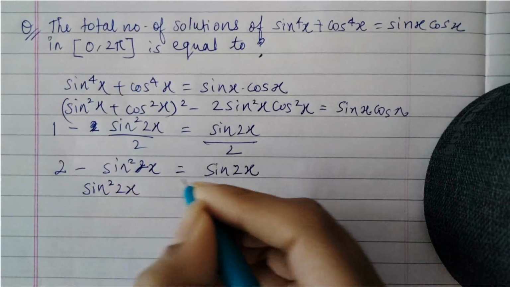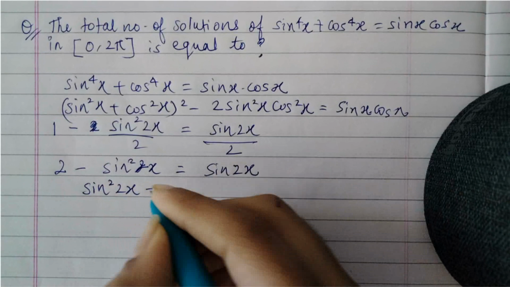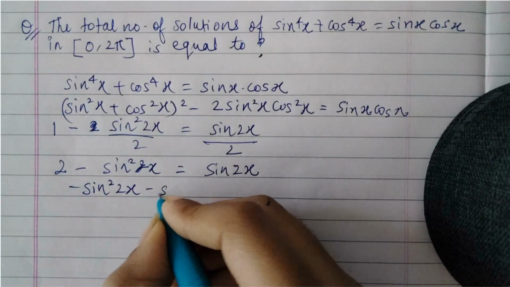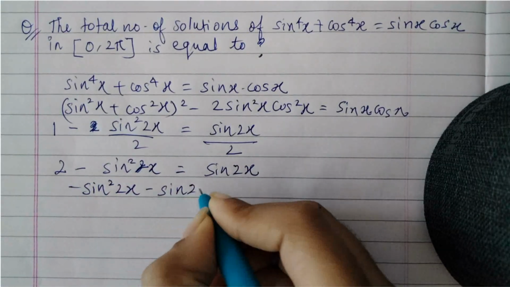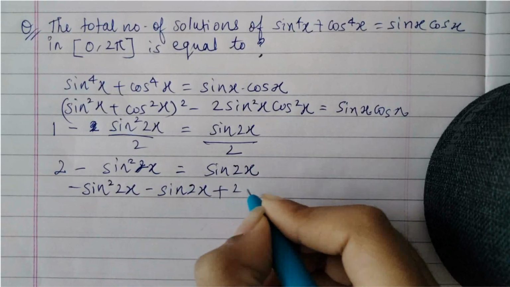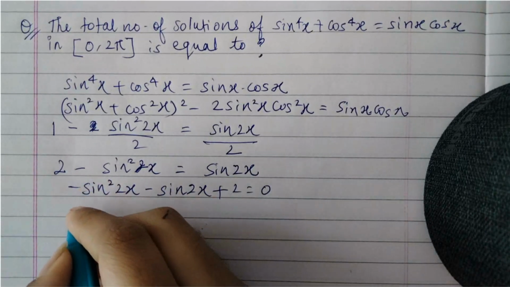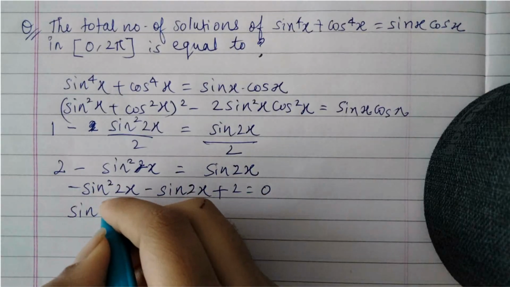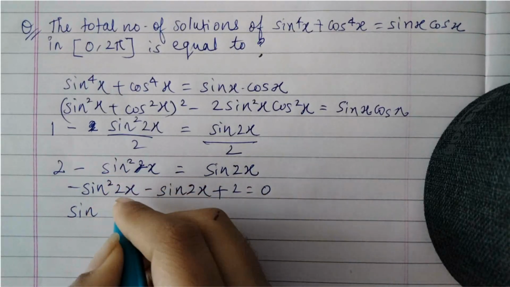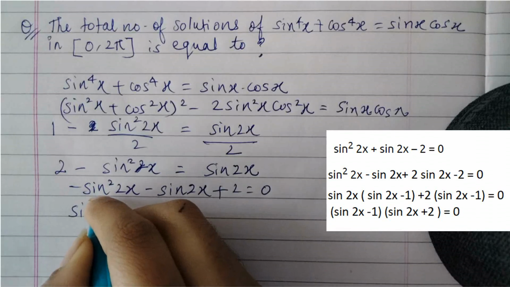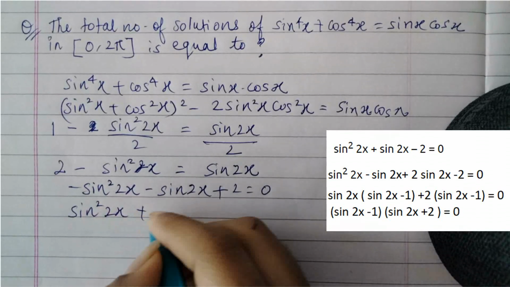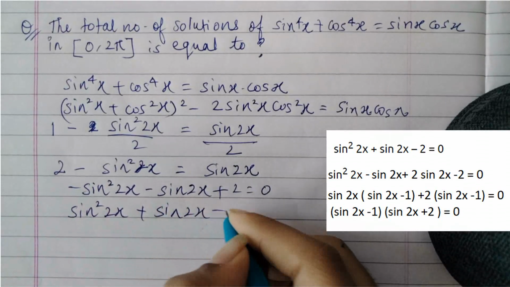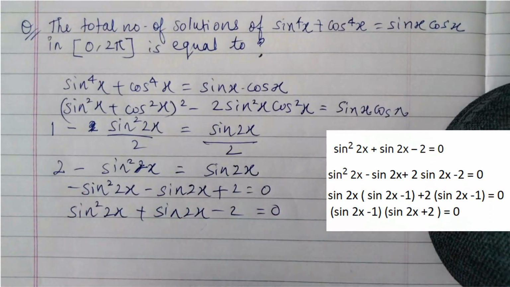Sin²2x + sin 2x − 2 = 0, after multiplying by minus sign in order to get the square term positive.